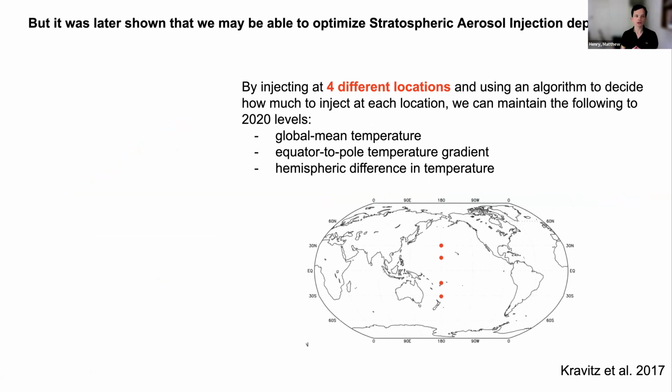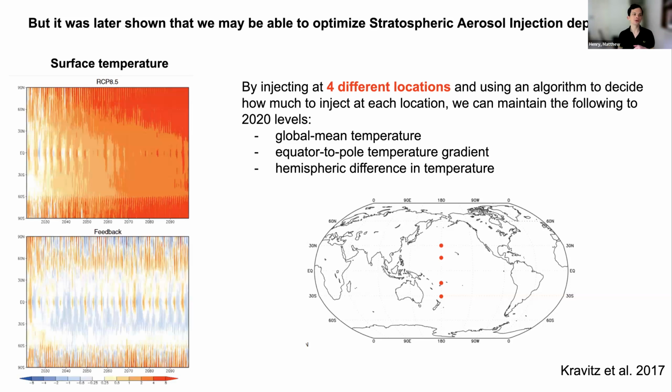It was then later shown that if instead of injecting at the equator, we inject at 4 different locations, we can then use an algorithm that decides each year how much to inject at each location in order to not only maintain the global mean temperature, but also seek to maintain the equator-to-pole and inter-hemispheric temperature differences by using these 4 different locations.